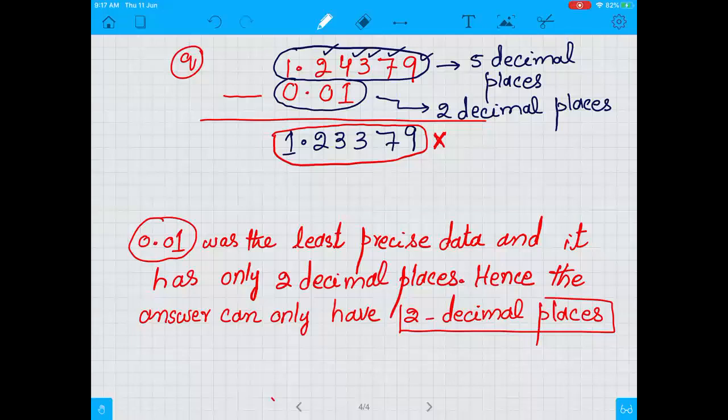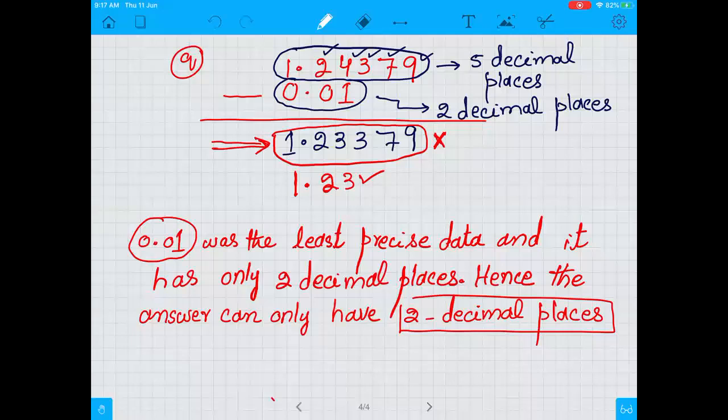So the answer should be written up to 2 decimal places. As a result, the answer should be 1.23. This is a correct answer. So while adding or subtracting, care about precision or decimal places.